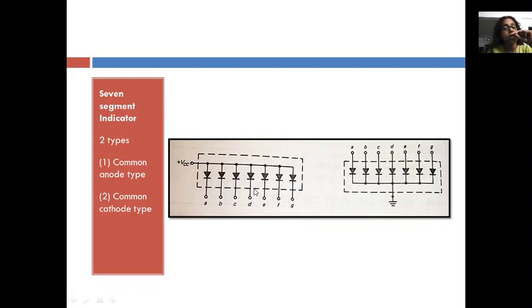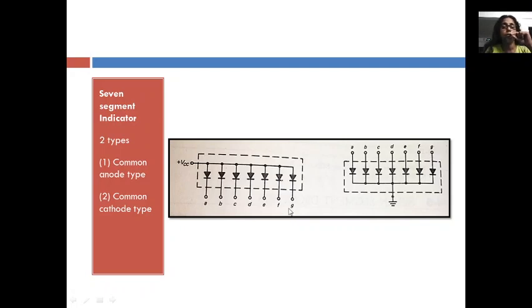You could see here the 7 LEDs. The first diagram is common anode type. The 7 LEDs, 7 diodes, have a common anode connected to the positive terminal of the battery, plus VCC. The ground, the negative terminal, is separately taken out to display the digits.